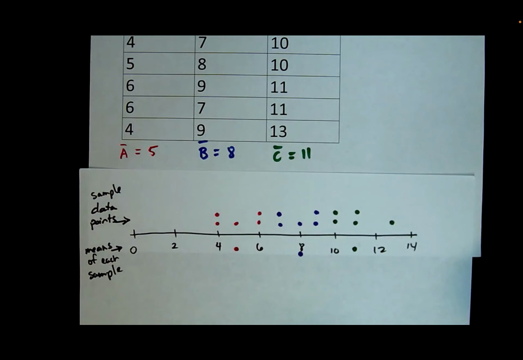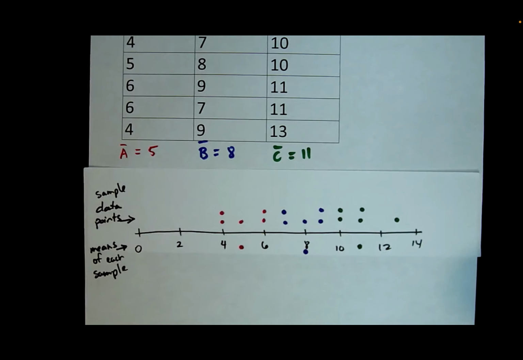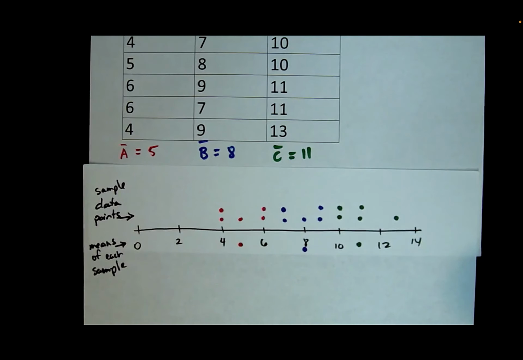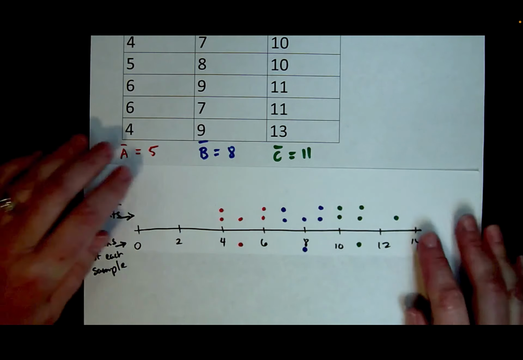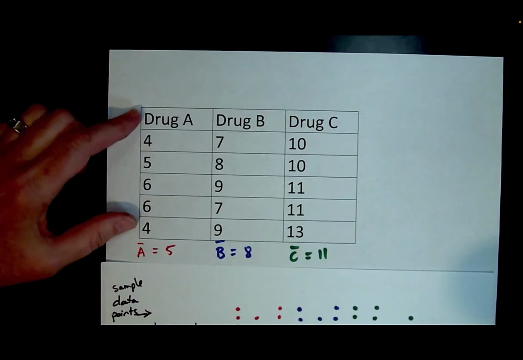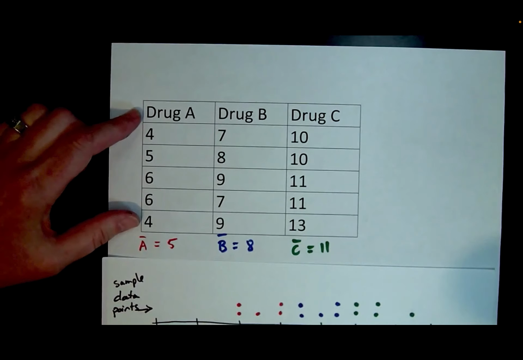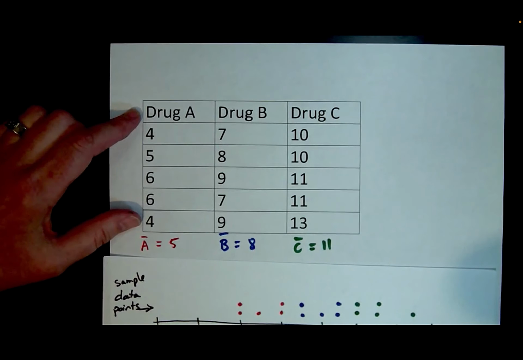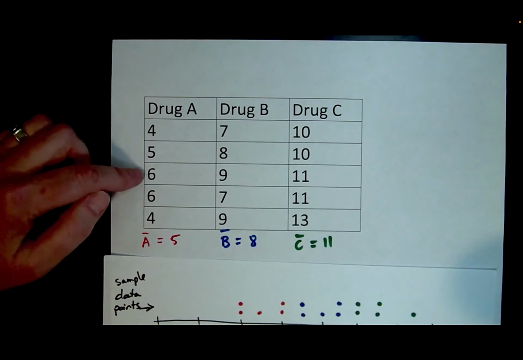Okay, so before we go on and do the second data set, let's just look at this, and again we're asking ourselves, do the 3 populations that these 3 samples come from... the population that's represented by the red dots is the total population of results of drug A, but we only have 5 results.